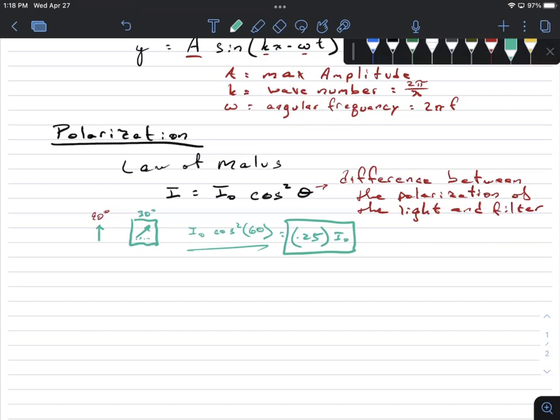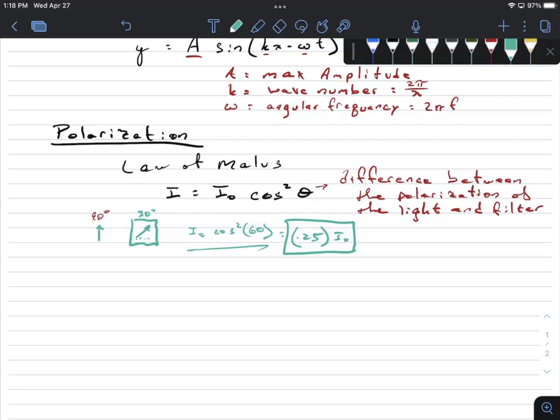And then we extend it further by saying, okay, well, what if we have multiple filters, not just one? If we have 2 or 3 or 5 filters, how do I handle it? And the good news is it's really easy. For every filter, you have a cosine squared theta, and you multiply them all out. So if I had a second filter on this example, I would say the answer is I naught times cosine squared of 60 times cosine squared of the next angle. And remember, once the light makes it through the first filter, that light is no longer at 90 degrees.